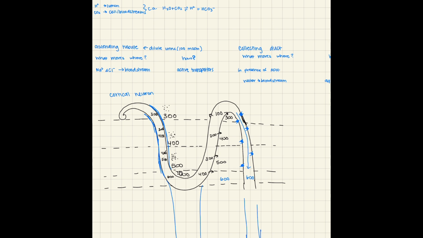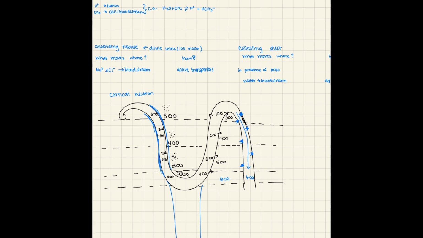They have more juxtamedullary neurons than we do. Where we have like 90% cortical neurons, they have like 90% juxtamedullary neurons. For example, camels have lots of juxtamedullary neurons, so they can preserve water better than us. We're just not cool, so we have to pee all the time. But that's kind of the idea of how that works.